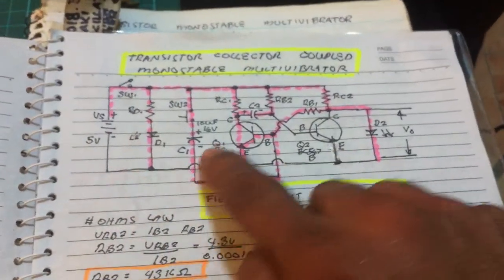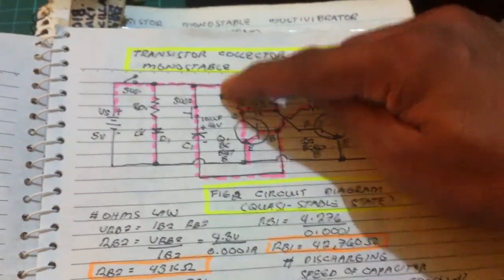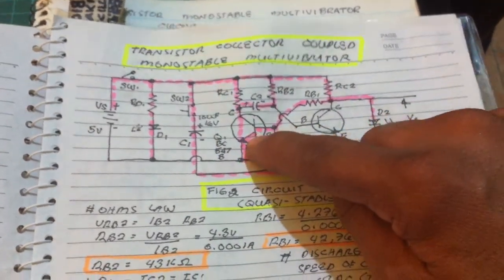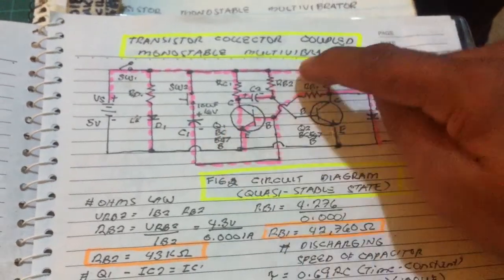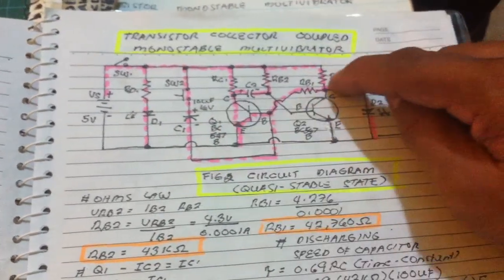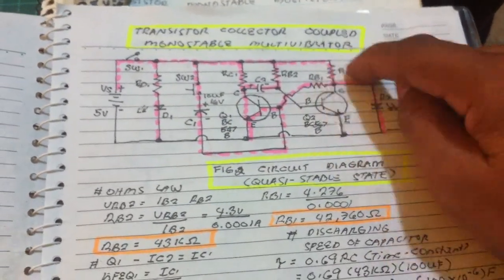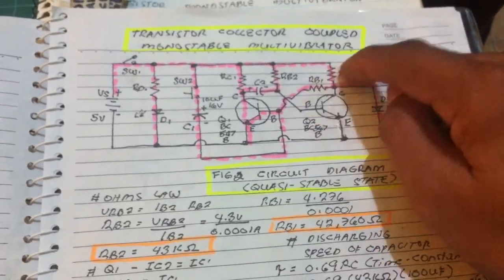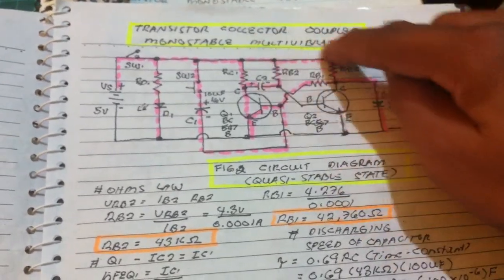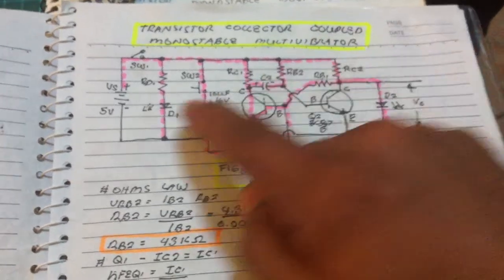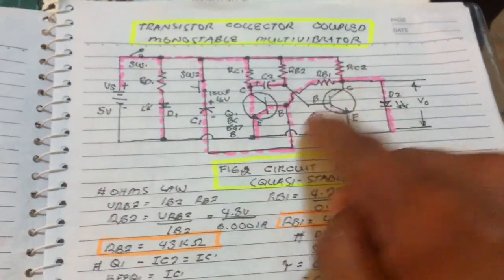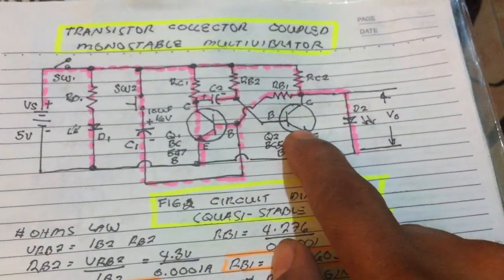Pushing the switch here makes the transistor operate in saturation, because there's a base current here. Since the two are in series, the triggering pulse applied here makes this one operate in cutoff mode.